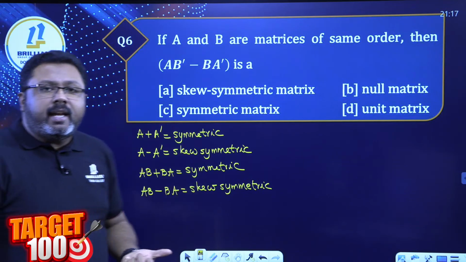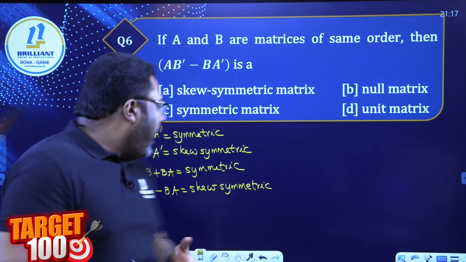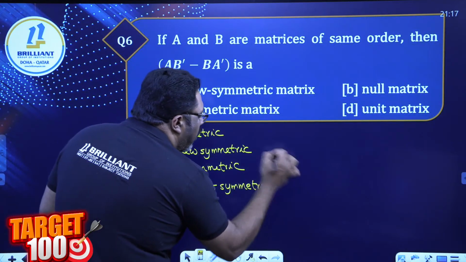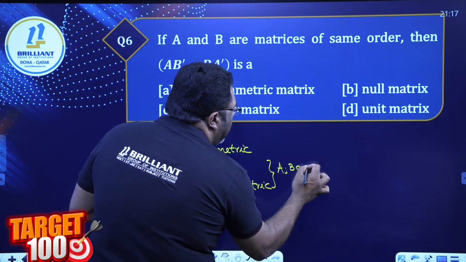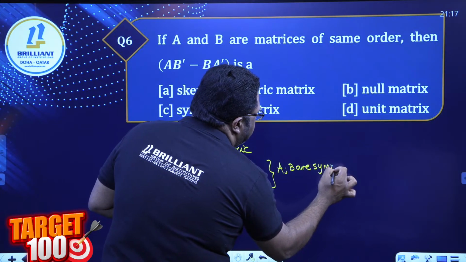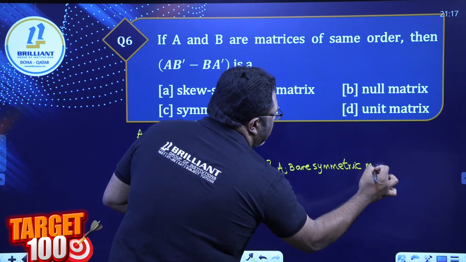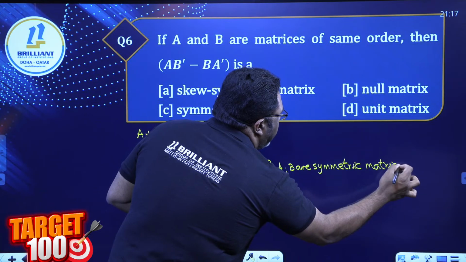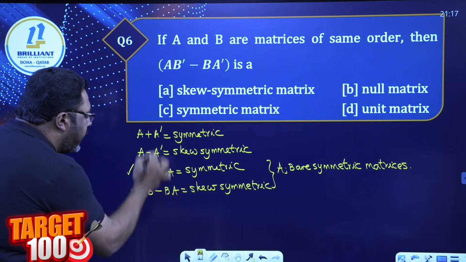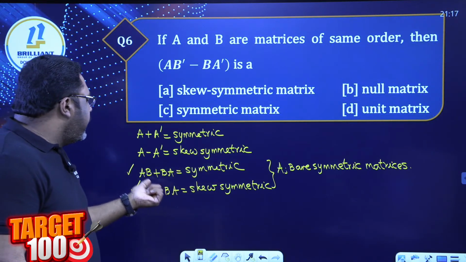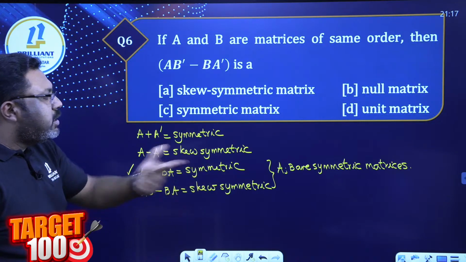Remember, in all these cases, A and B are considered square matrices. The last two only hold if and only if A and B are symmetric matrices. Then AB plus BA is symmetric and AB minus BA is skew-symmetric.